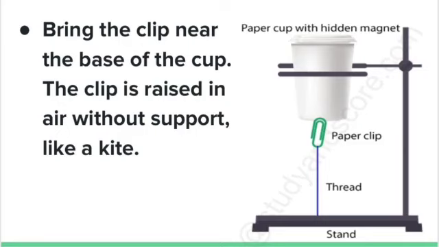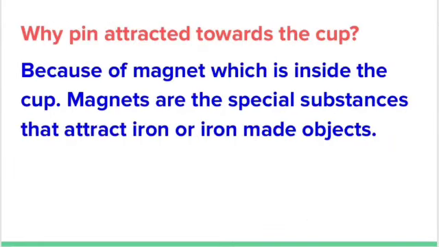But now the question is, why is the clip raised? Why is the clip attracted towards the cup? We know that we have placed a magnet inside the cup. So because of the magnet inside the cup, the clip is attracted towards the cup.